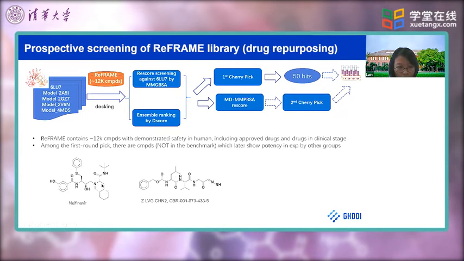One is Nelfinavir, whose structure is shown here, which is an HIV protease inhibitor, which also demonstrates cellular potency. Another compound is this one from the ReFRAME library as well. This compound also demonstrates cellular potency, although it's a covalent compound.